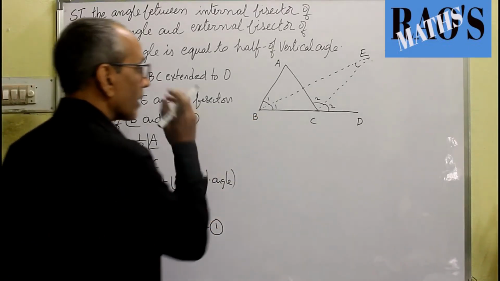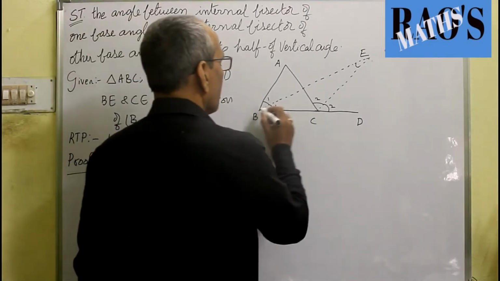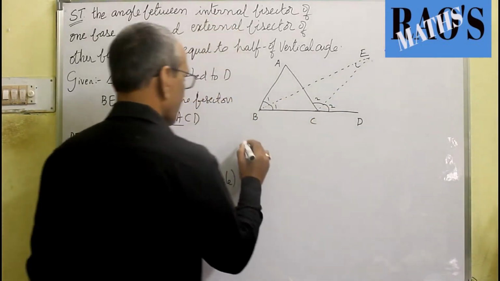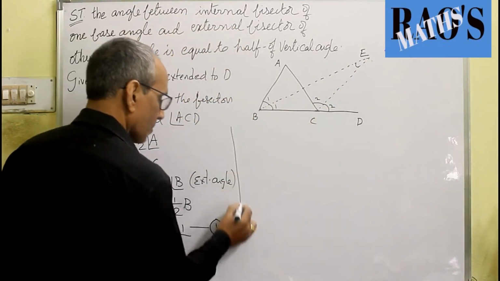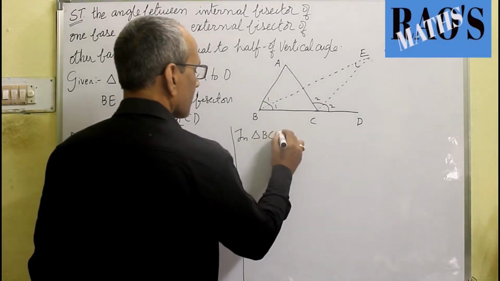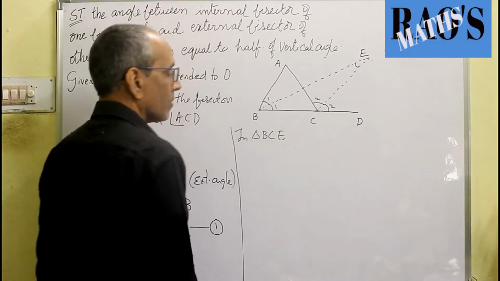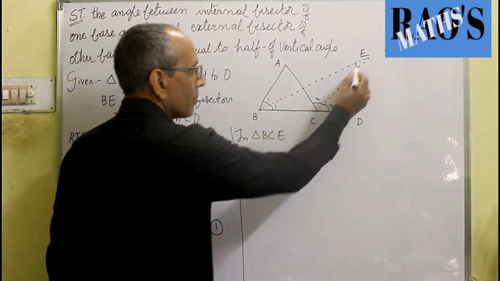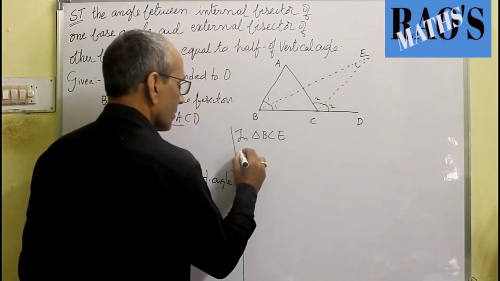Now I take this triangle. Which triangle? BCE. In triangle BCE, what is the exterior angle of the triangle BCE? ECD.